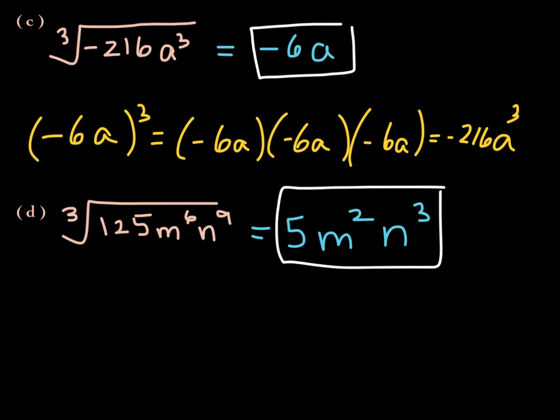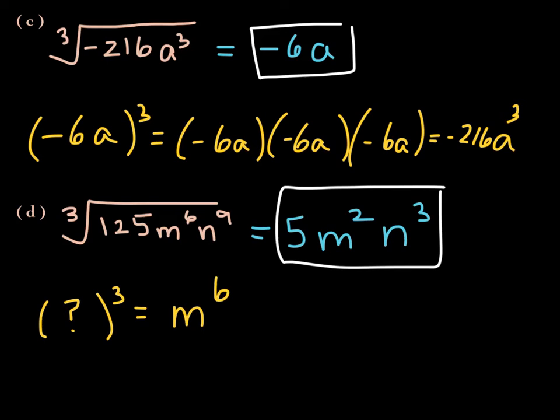All right, so 125 is in that list that I mentioned earlier as one of your perfect cubes. It's 5 cubed, which is the reason why I put 5. Furthermore, as far as the cube root of m to the 6th goes, let me show you some of my thought process there. The cube root of m to the 6th is really asking you for what expression cubed will give you m to the 6th.